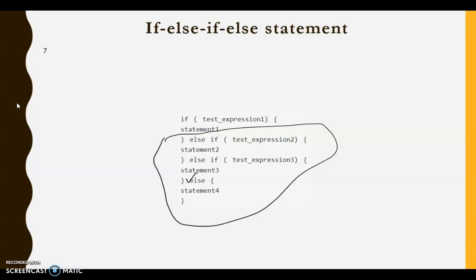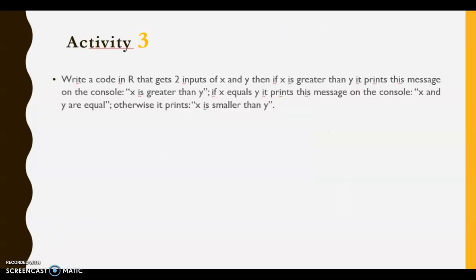So for doing this, let's do an activity. Activity 3, let's check it together. Write a code in R that gets two inputs, X and Y. Then if X is greater than Y, it prints this message on the console: X is greater than Y. If X equals Y, it prints X and Y are equal, otherwise it prints X is smaller than Y. You see, it is not two conditions, it is not two parts.